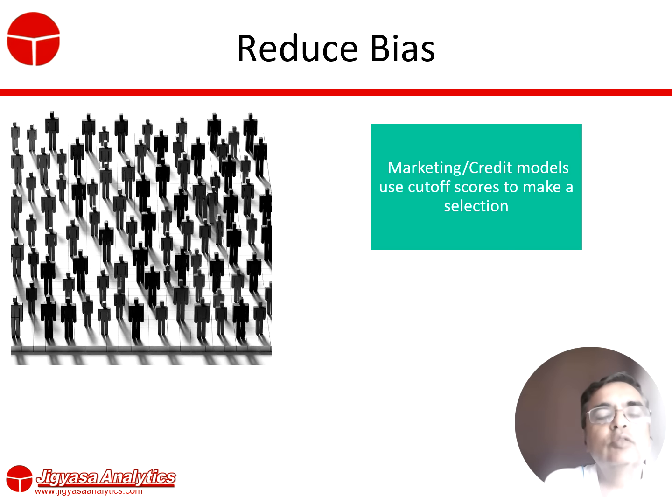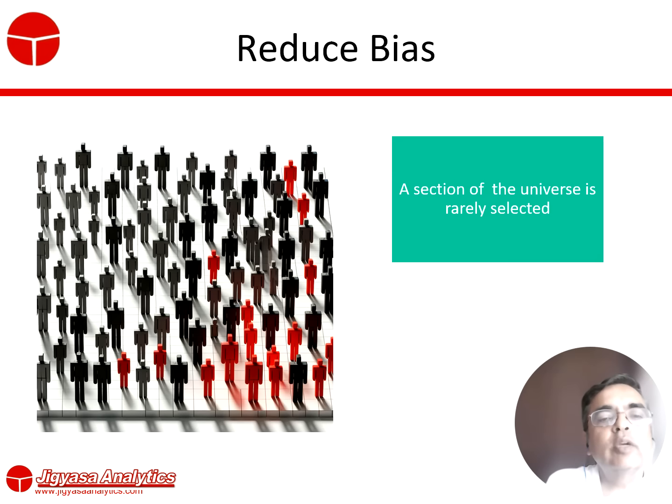Whenever we use a marketing or a credit risk model to make cutoffs based on scores, there is going to be a section of the universe that is rarely selected. This section obviously has very low affinity based on the predictors used in the model. Now, as this continues over time, this group is very underrepresented in the original sample.